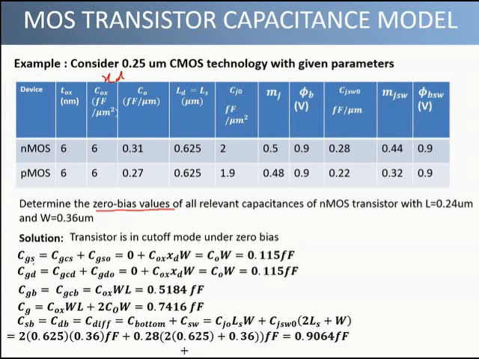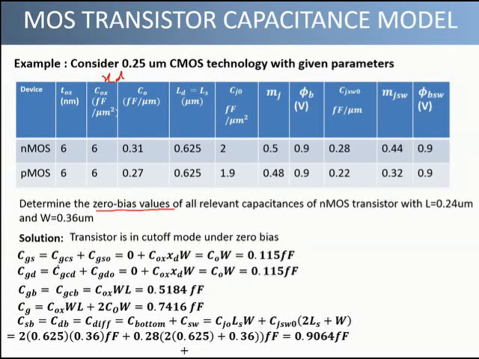Now the total gate to source capacitance is equal to the gate to source channel capacitance plus the gate to source overlap capacitance. And as we discussed earlier, when the transistor is in cutoff mode, there is no channel between source and drain.